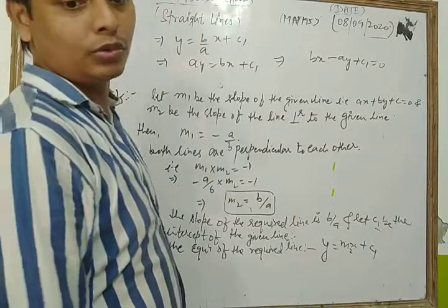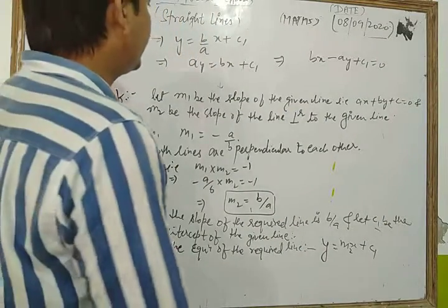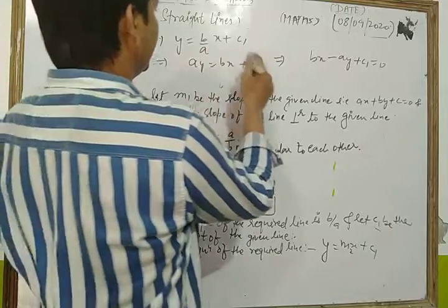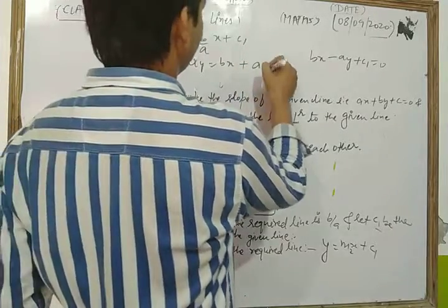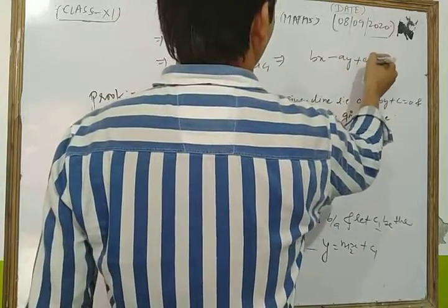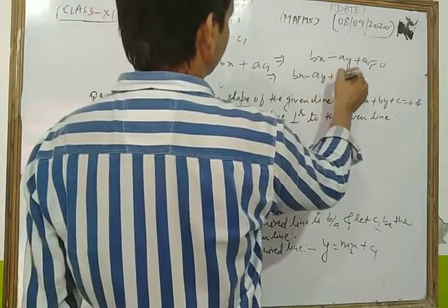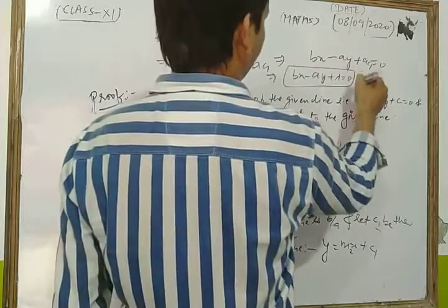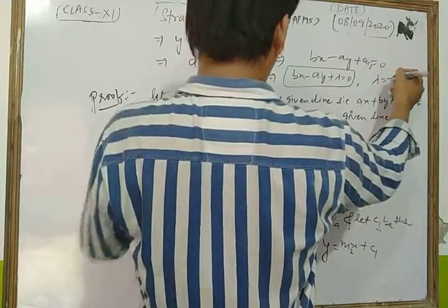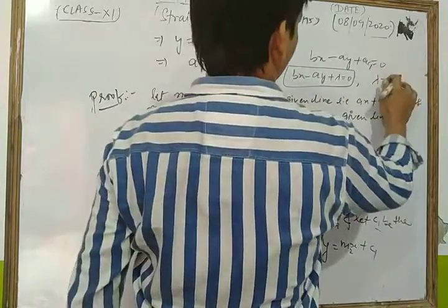Now we take c1 is equal to lambda. Here we take a as LCM, so we get ac1. Now we can write bx minus ay plus lambda is equal to 0, where lambda is a constant, which is equal to ac1.